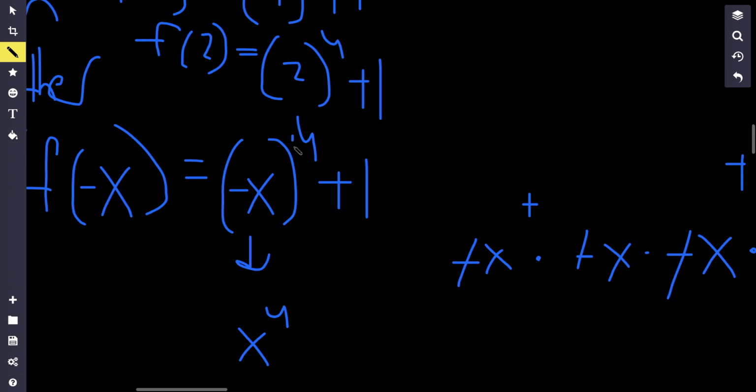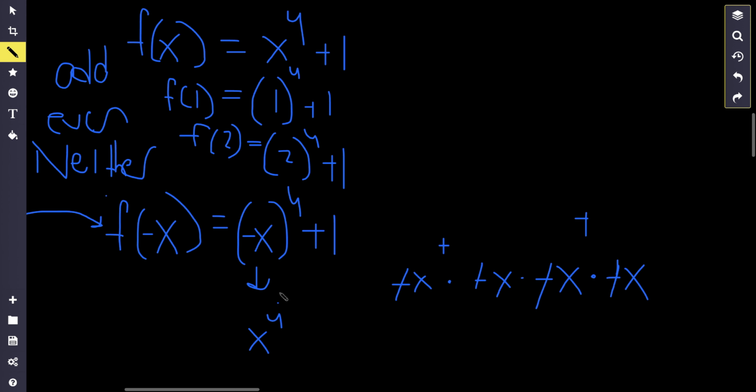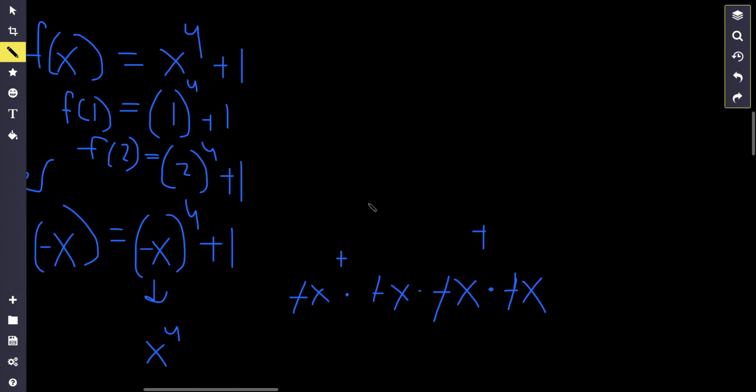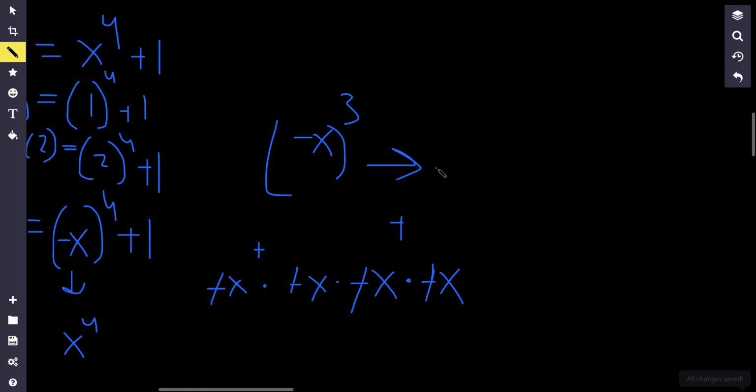If your exponent is even, the result is always going to be positive. If you're raising a negative number to an odd exponent, the result is always going to be negative. For example, negative x to the third power is always going to be negative.